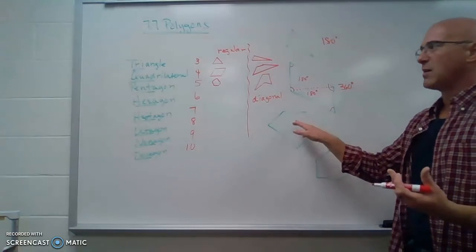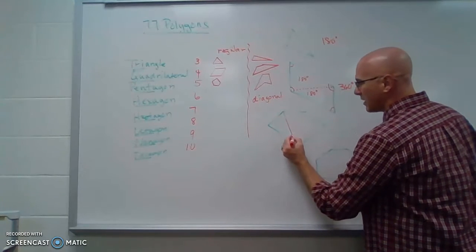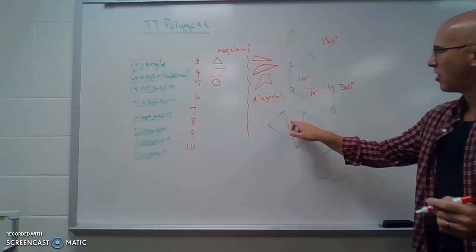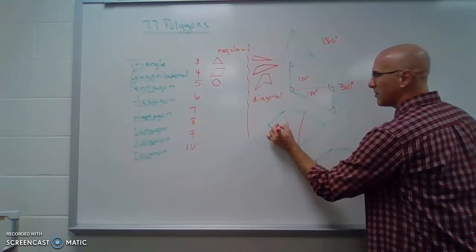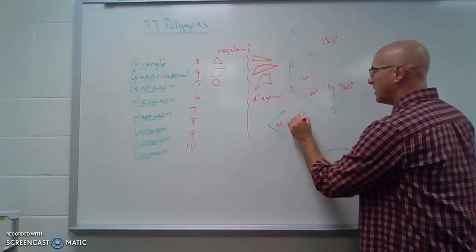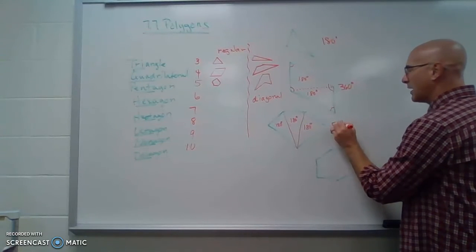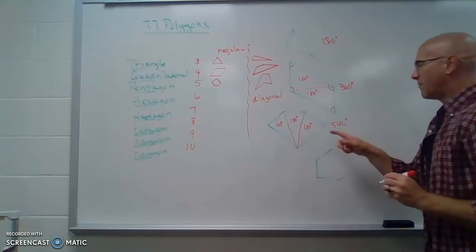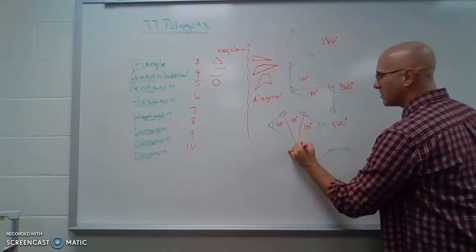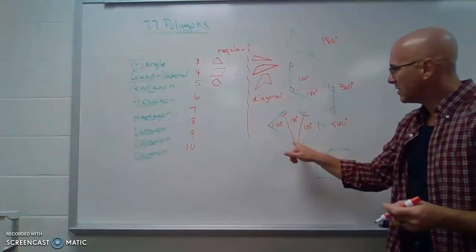If I did the same thing for this pentagon, if I made as many triangles as I could, I made 3 triangles. The sum of the angles of this triangle is 180, this is 180, and this is 180. I get a total of 540 degrees for this pentagon.